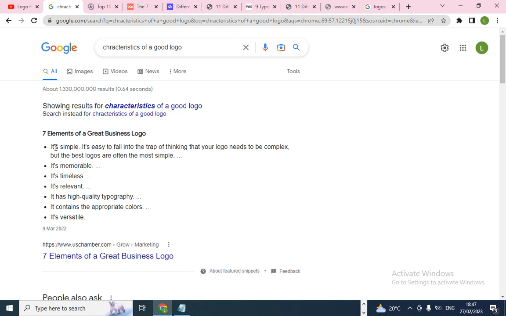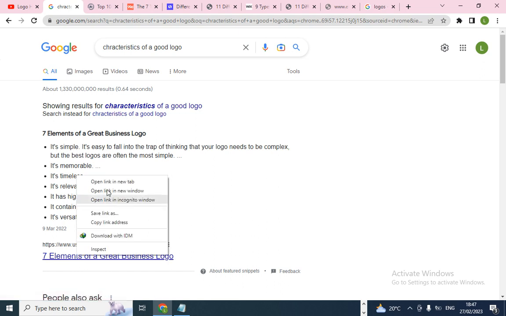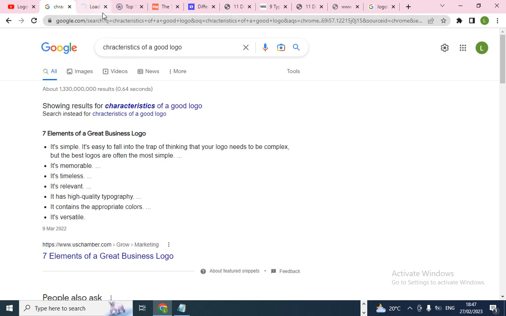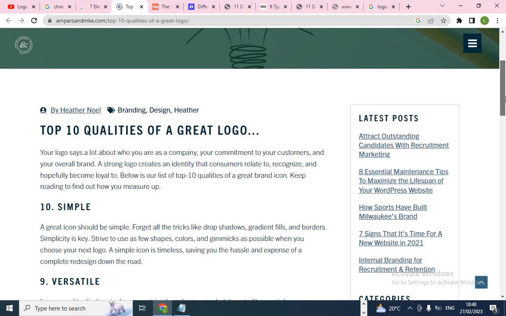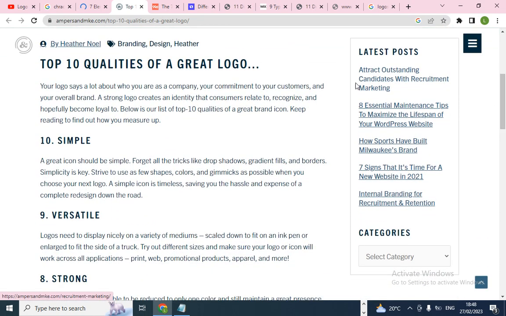Let us see if this person described it properly, and we may use his. Here, 10 characteristics of a great logo. First of all, this one started from the down as it goes up. So it should be simple. That is right. We note that.